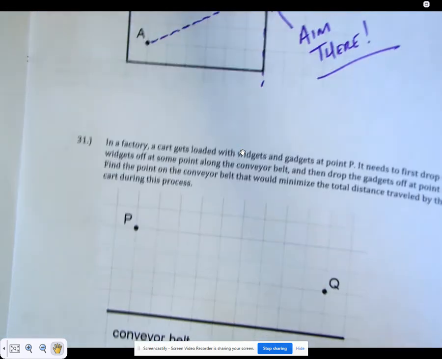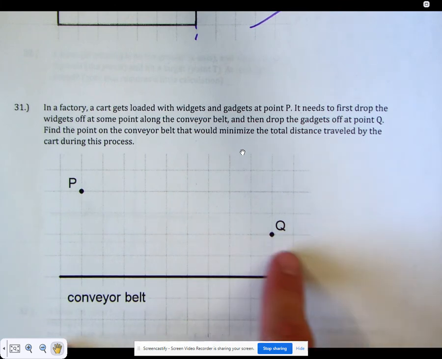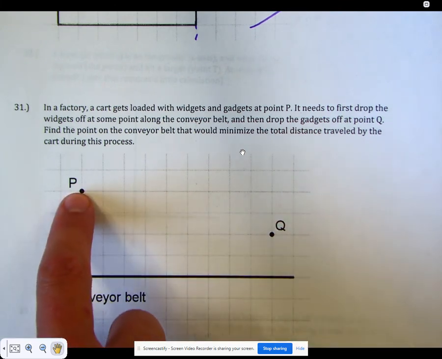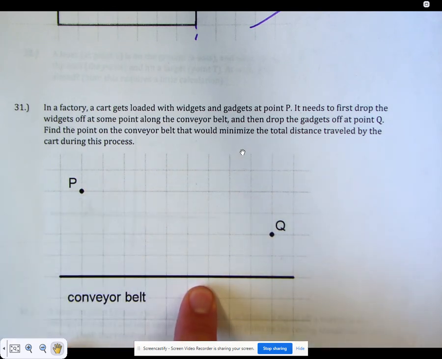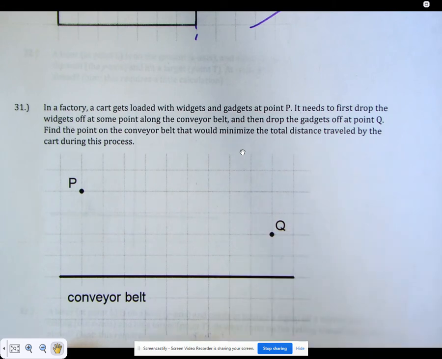So 31 is going to be pretty similar. I think you can try to figure that one out. Basically, you want to get from P to the conveyor belt and then to Q to drop off the widgets and gadgets.